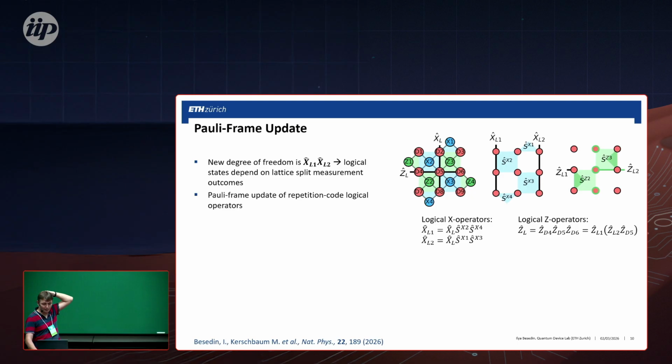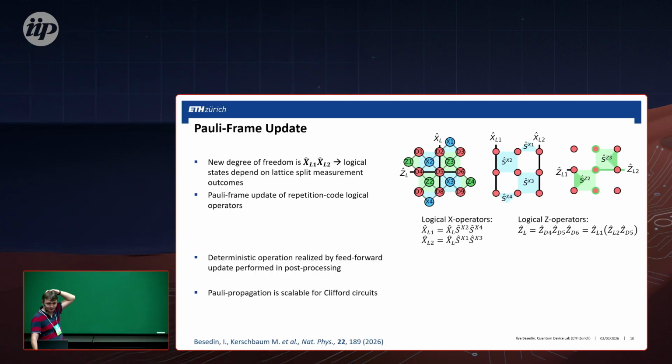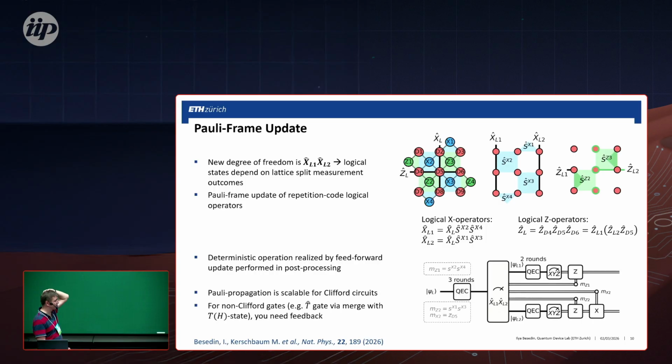And I also redefine my Z operators in a way. Probably it's better to look at this circuit here. So I have this split operation. It's like an XL1, XL2 measurement. And then depending on the outcome of this measurement, I do a Pauli gate on the qubits. And I do them in post-processing.